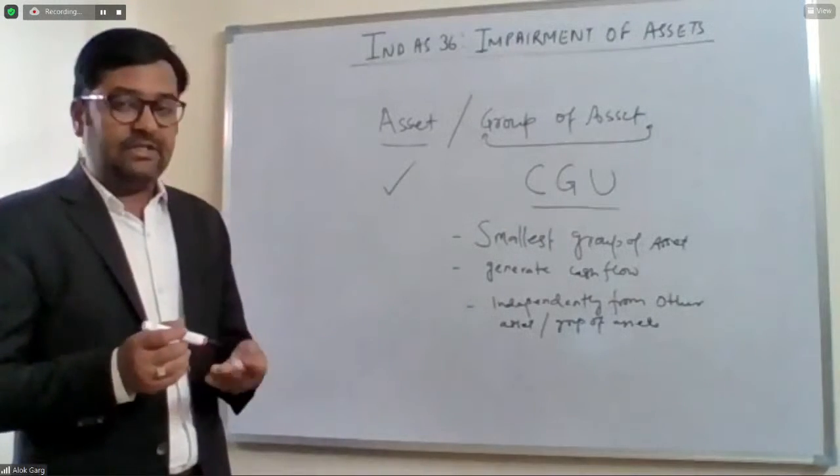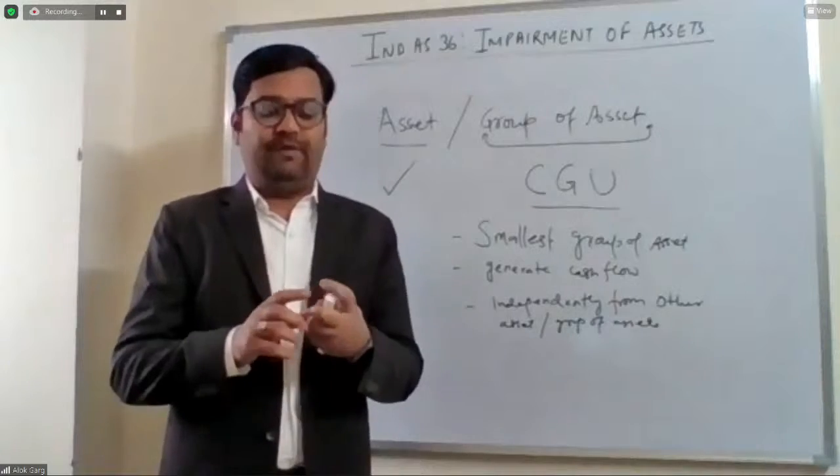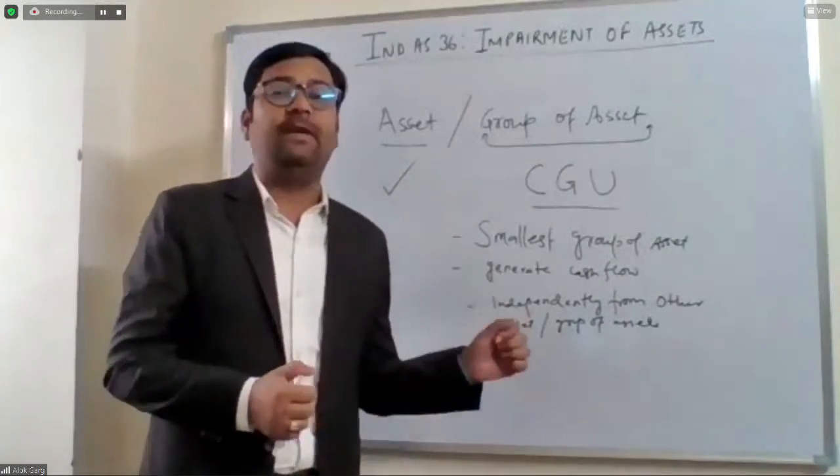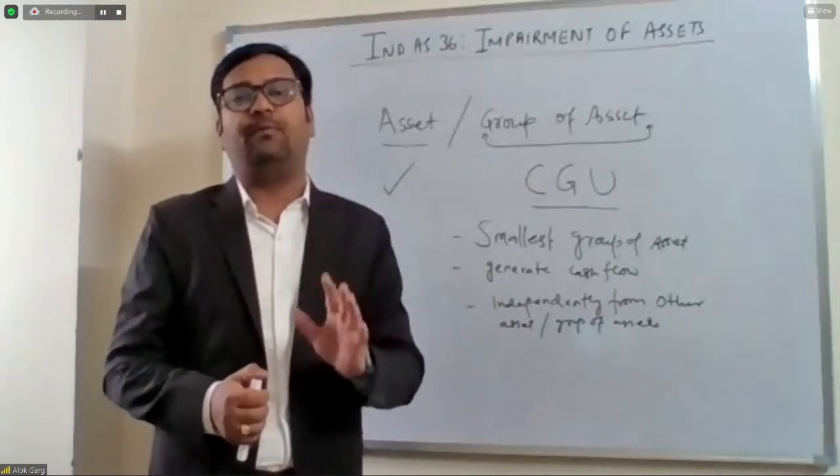So in the organization, what is the smallest group of assets which can generate cash flow independently from the other assets or other groups of assets?